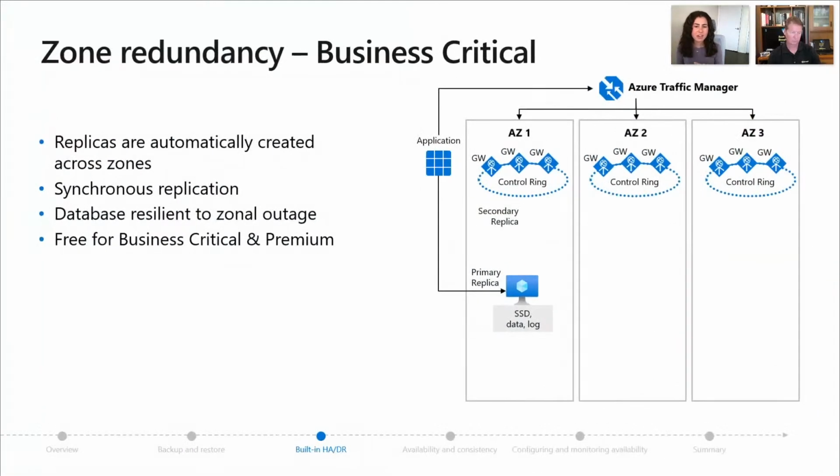Now, if I take a step back and talk to you about what a zone redundant database is, or what an availability zone is, as you'll also hear us call it, an AZ, an availability zone just means it has its own separate heating, cooling, water, power, that sort of thing. So it's more granular than a region.